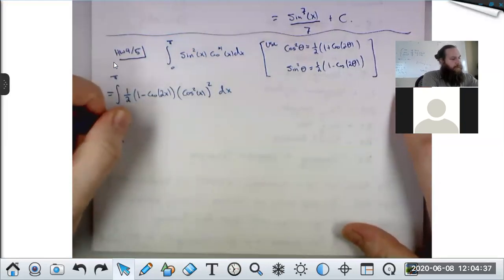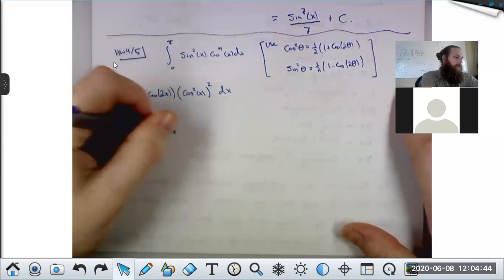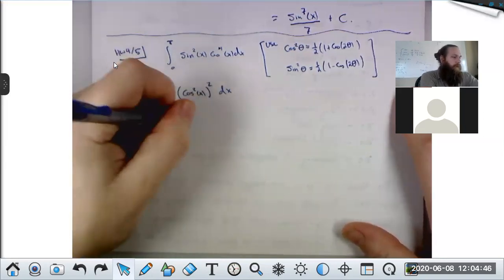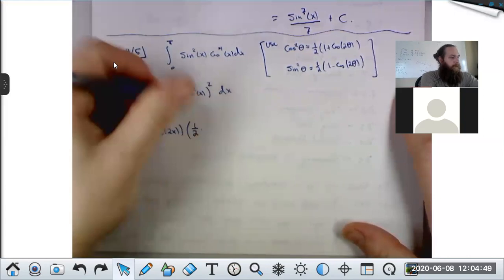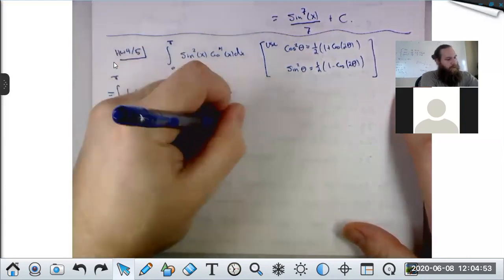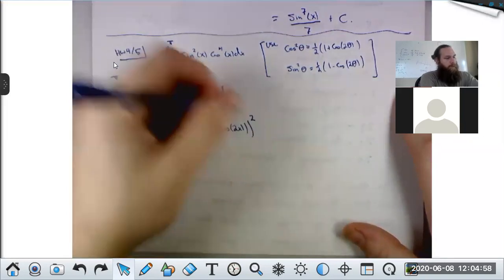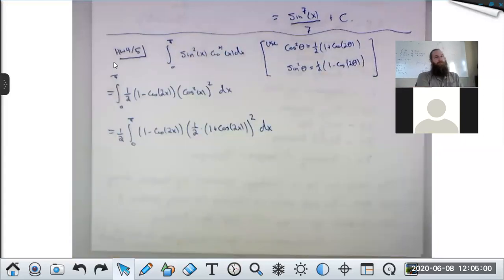There will be 2 more. I have the 1 minus cos 2x. And then this cos squared, that's 1/2 times 1 plus cos 2x, all squared dx, like that. This square is this square. And the cosine squared inside, I replace by 1/2 times 1 plus cos 2x.